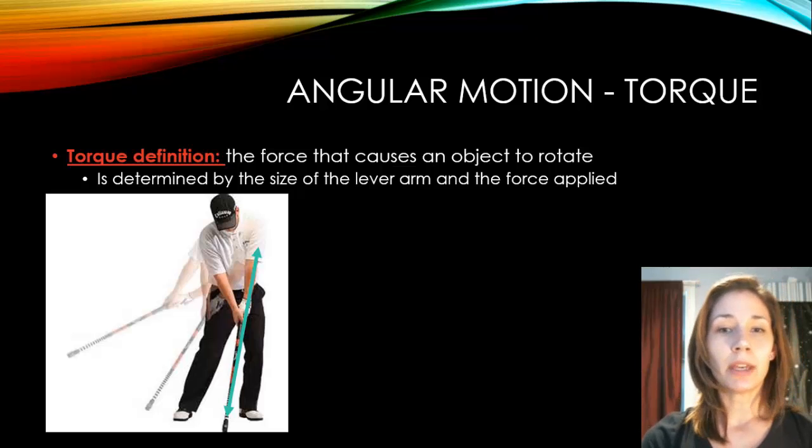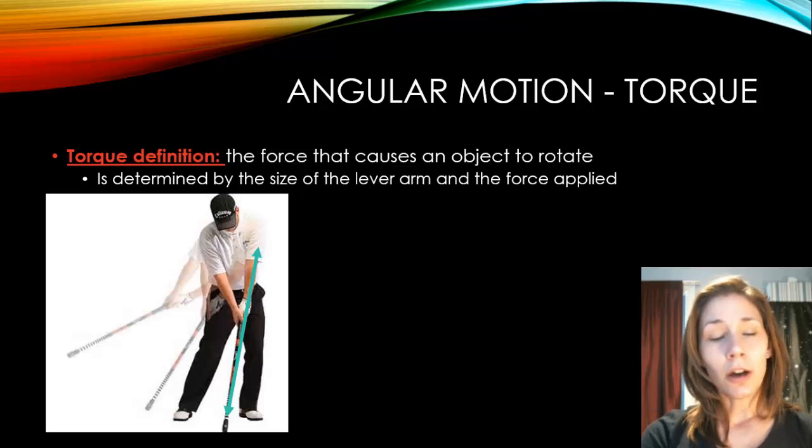And that basically means that the longer the thing that is swinging, the higher the torque. And the more force that's applied, also the higher the torque. So there's more swinging motion and there's more force that's causing something to rotate if something is longer and something is heavier, or there's more force.